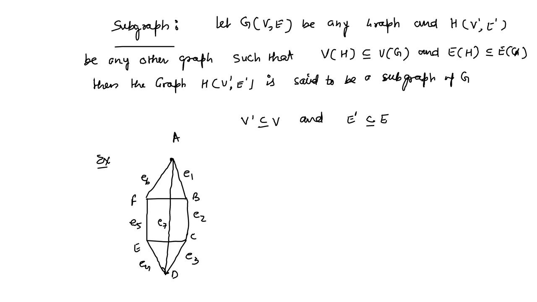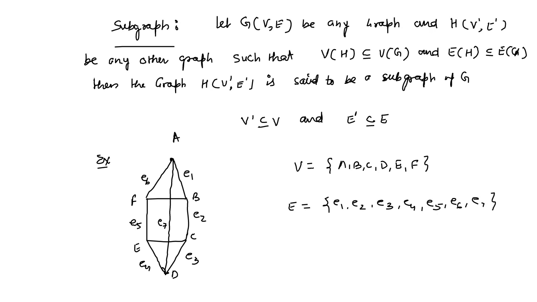So we write V as the set of 6 vertices A, B, C, D, E, and F. Correspondingly, the set of edges we write as E1 to E7.